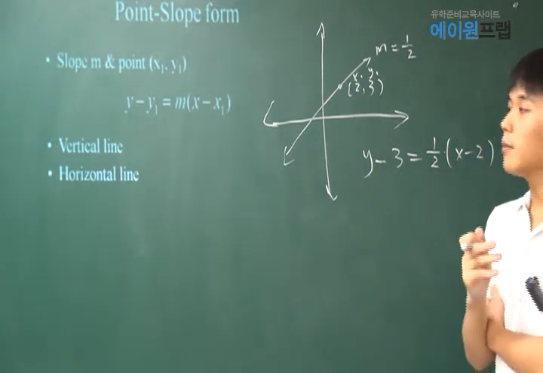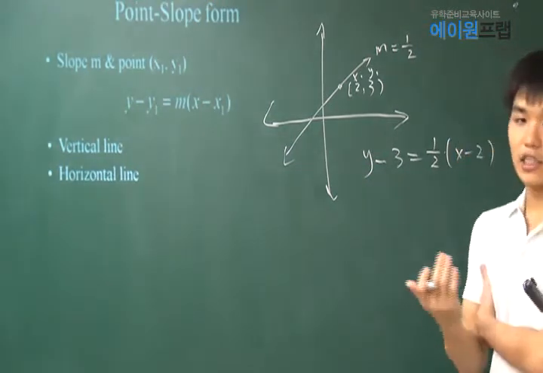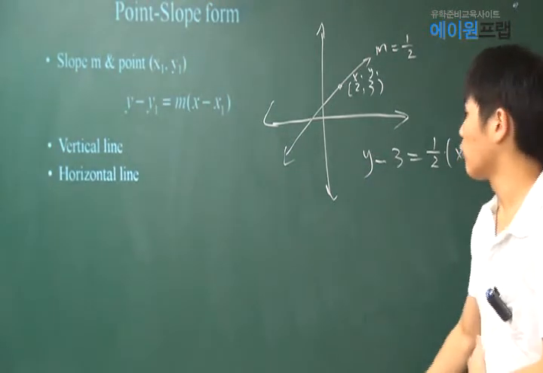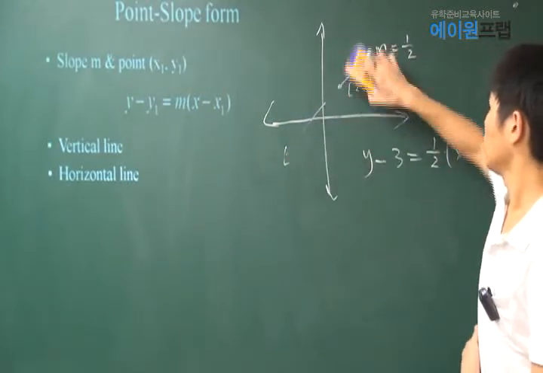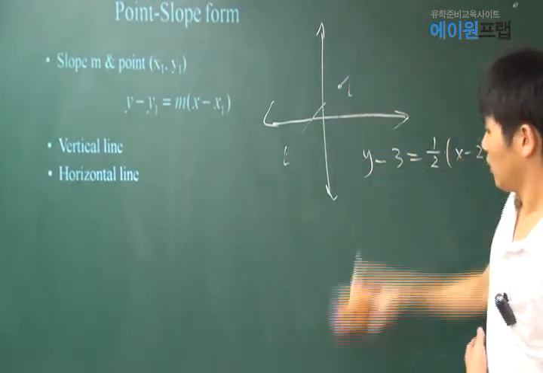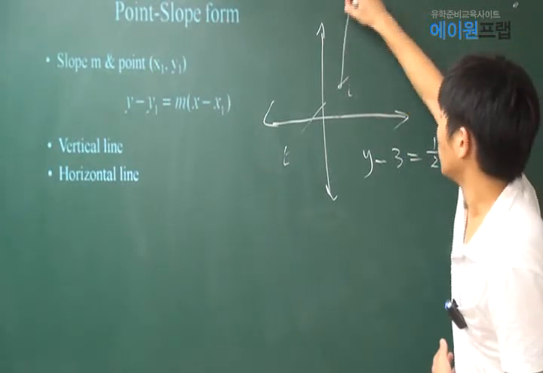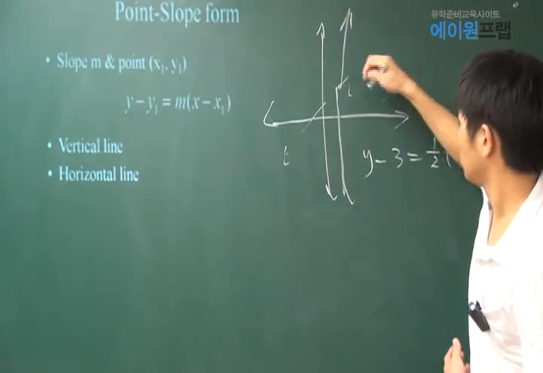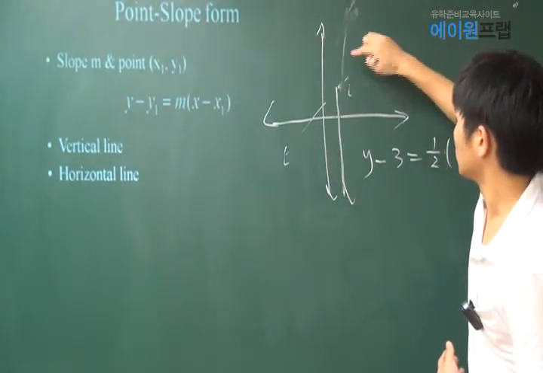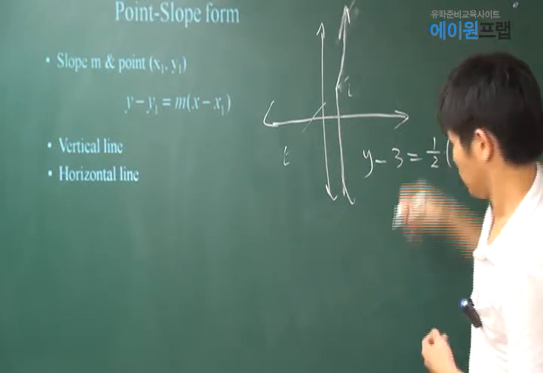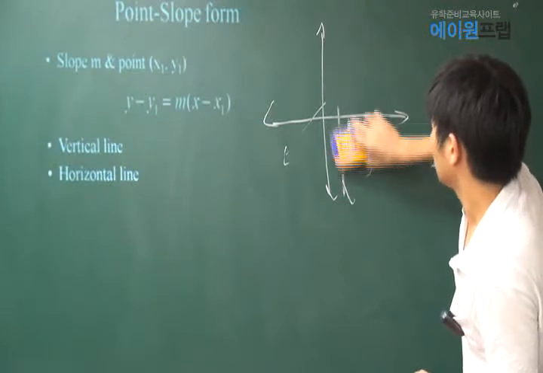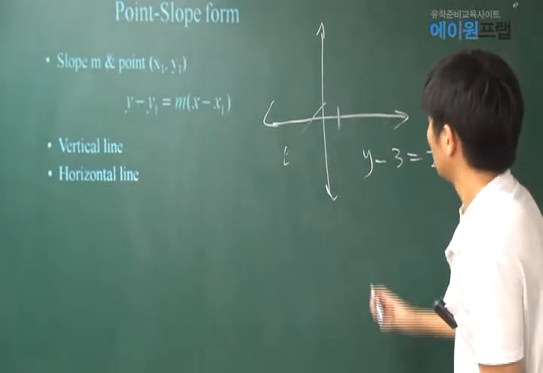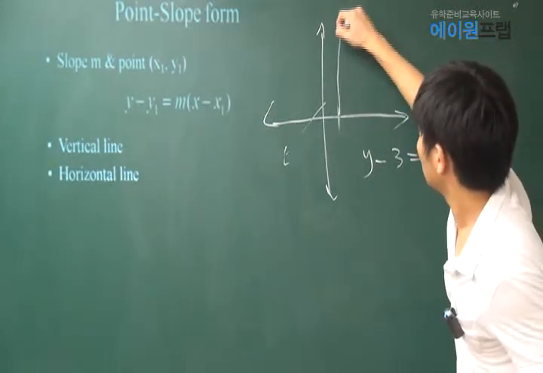So now, let me talk about the vertical line and horizontal line. Again, special cases. So in terms of a vertical line, let's keep the point (2, 3). Draw a vertical line. Draw again.